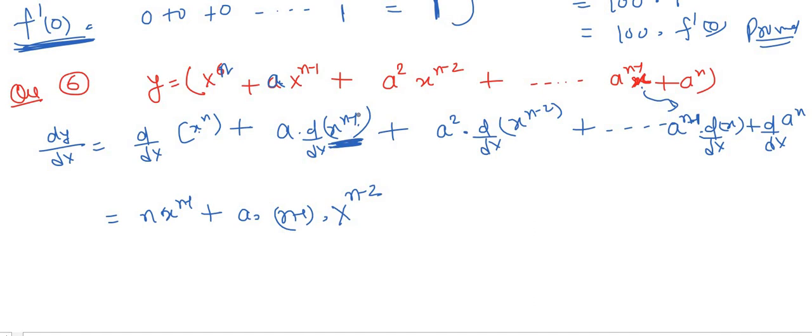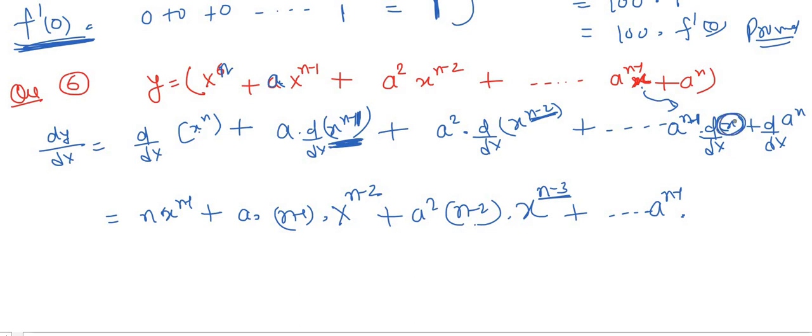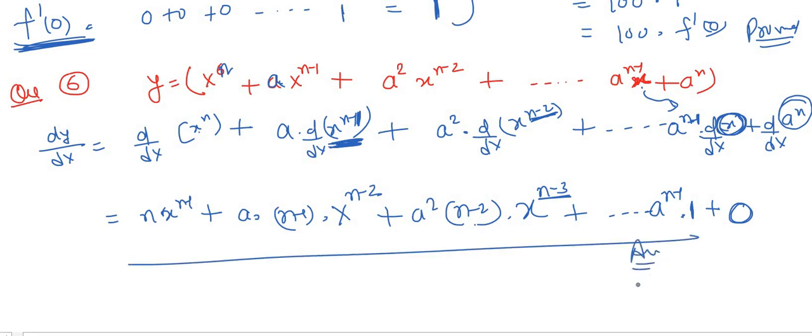We take just one power less. Plus a square into n minus 2 x raised to power n minus 3, because the power comes in front and one power decreases. Plus a raised to power n minus 1, since the derivative of x is just 1, plus a raised to power n is just a constant term, so its derivative will be 0. So this is my answer.